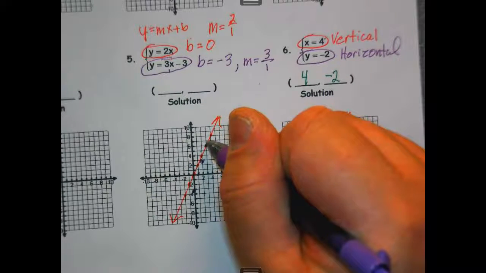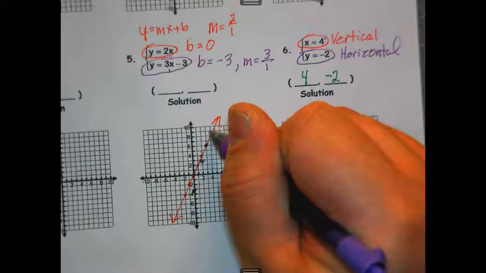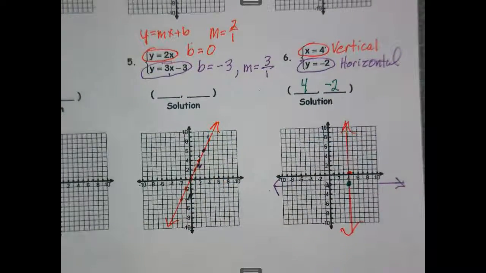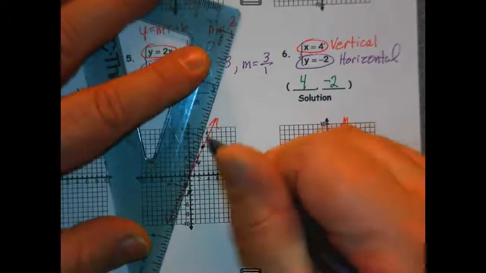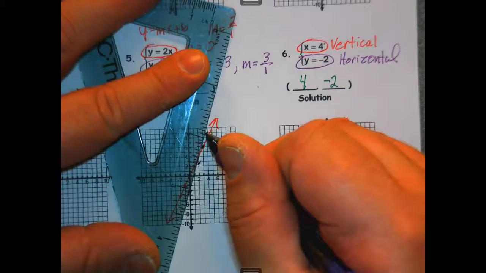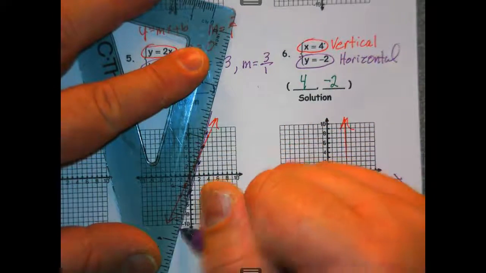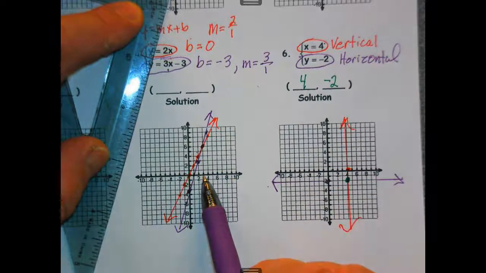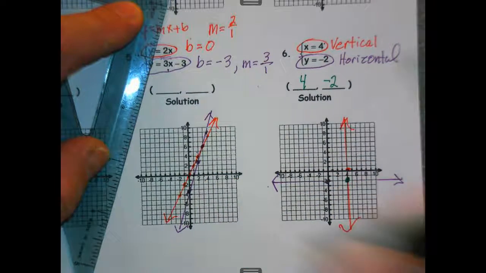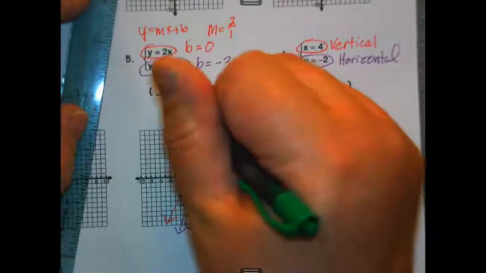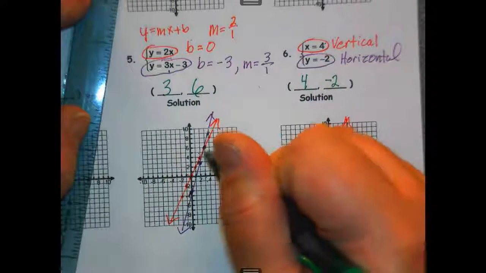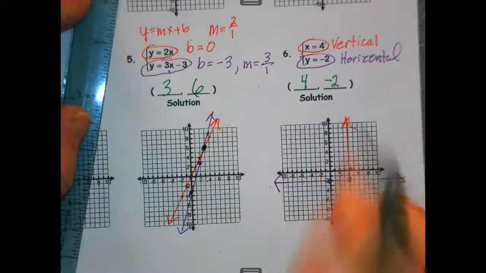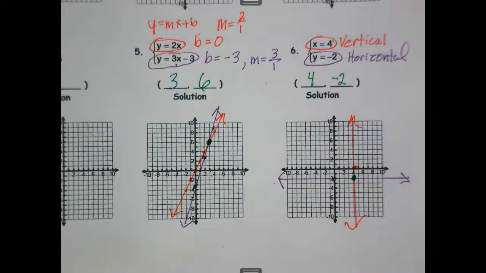There's my intersection point right there. See how sometimes these are really hard to get? Point of intersection is 3, 6. But that's what we did yesterday.